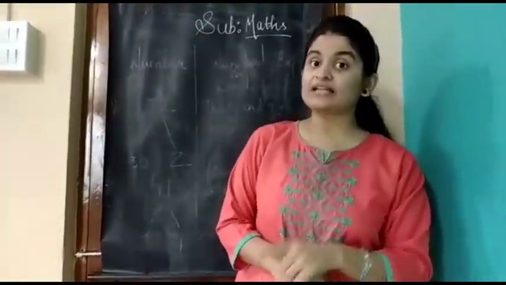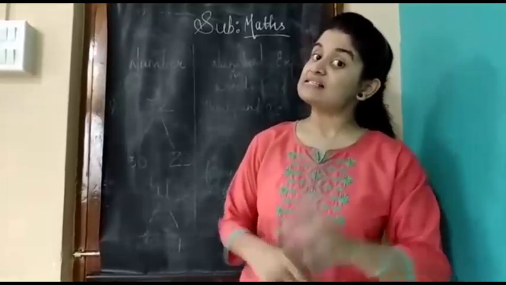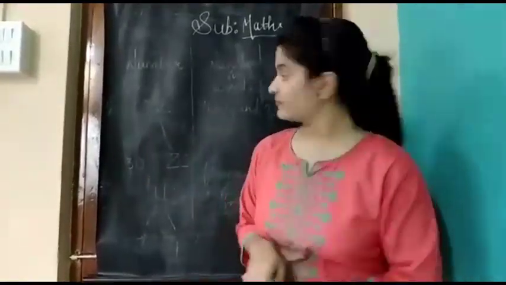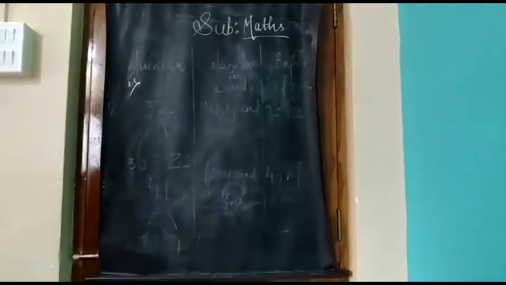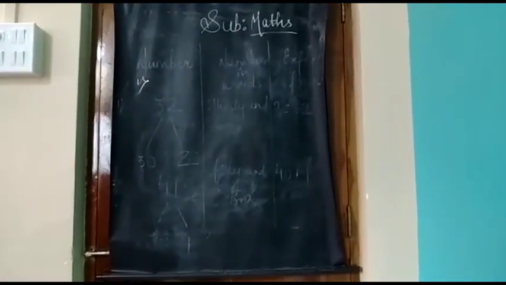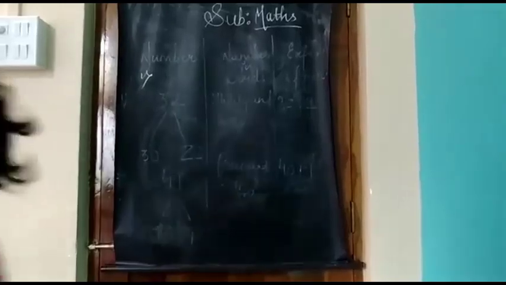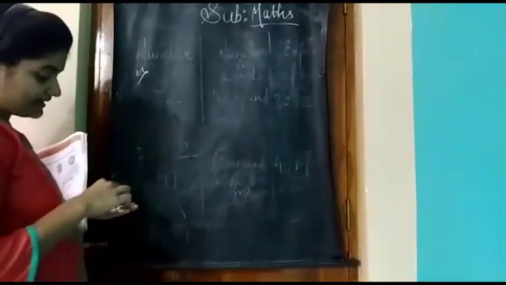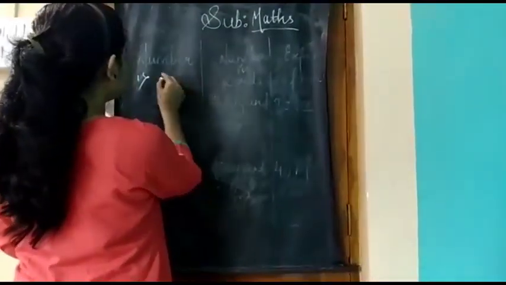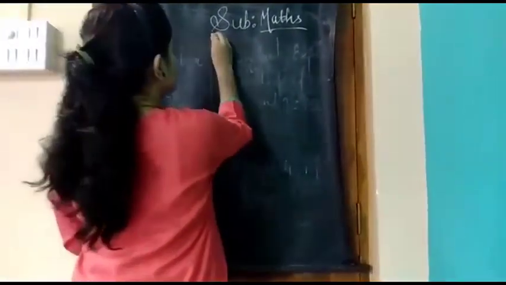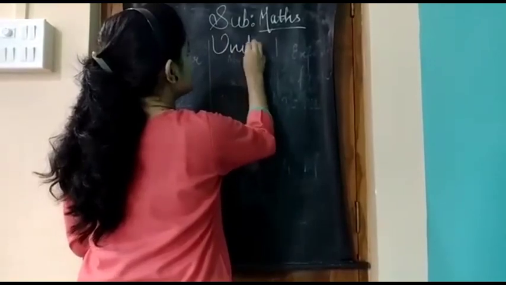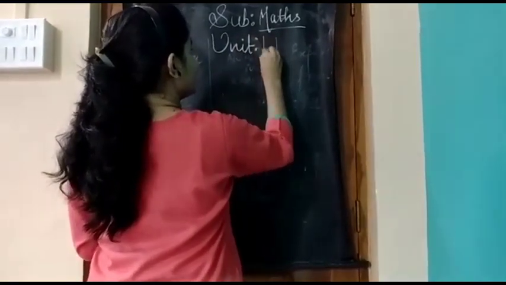So now let us start with the first shape, that is cylinder. Okay? So students, cylinder looks like this, what I'm showing you. Before that, we're going to write unit, that is revision. Okay?